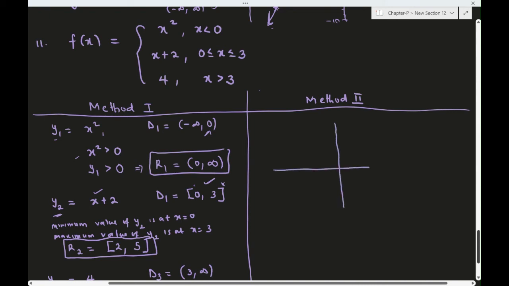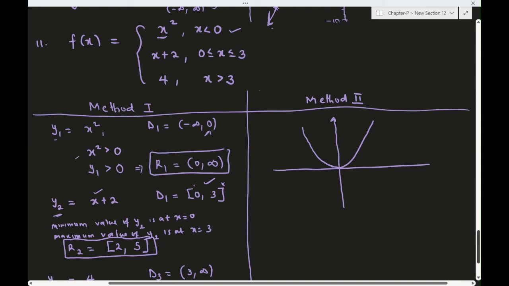If you look at this, this is just the first piece. Look at the graph of x squared. We all know that the graph of x squared is something like this. But for the first piece, we are told that x is less than 0.